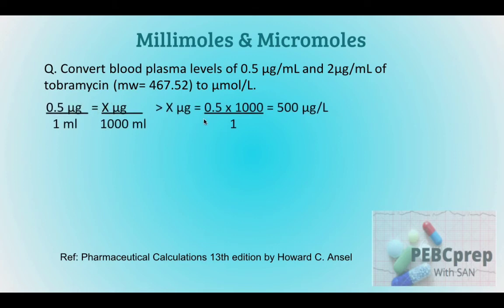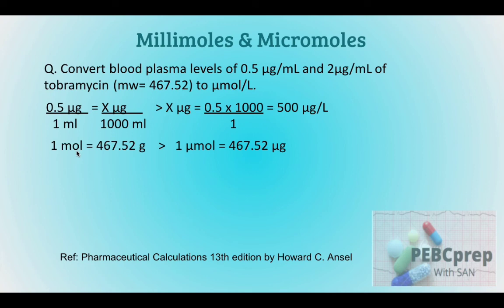First we will solve this. If we have 0.5 microgram in 1 milliliter, how much microgram we will have in 1000 milliliters, because we want answer in liters. So we put it here 1000. When we calculate it, we got 500 microgram in liter.